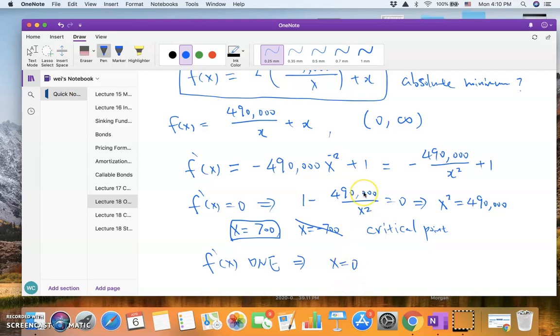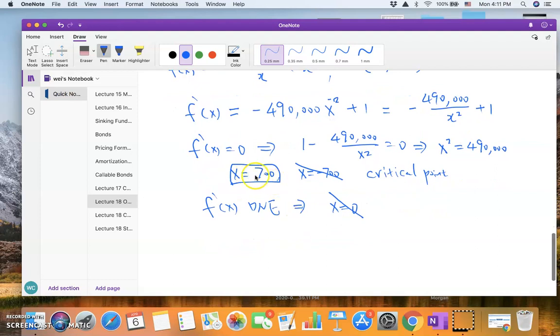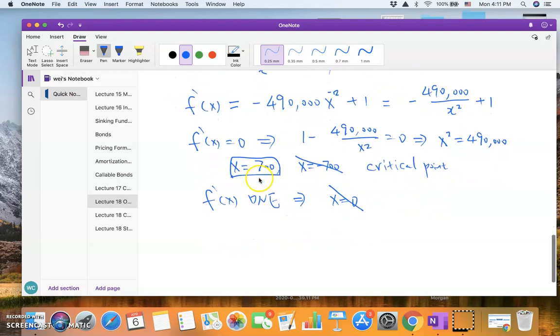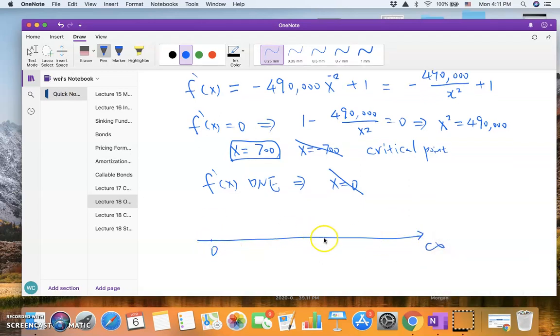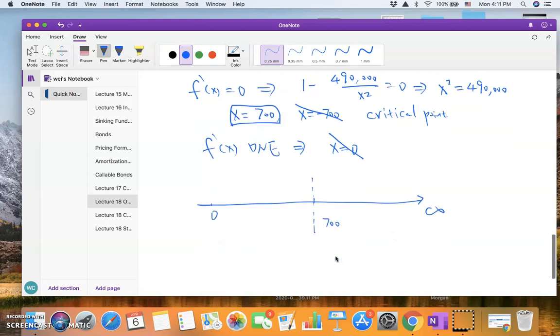However, we have said 0 is not in the domain because the length cannot be 0. So even though the derivative does not exist when x is 0, 0 is not a critical point. So we only have one critical point on the interval from 0 to infinity. Okay.